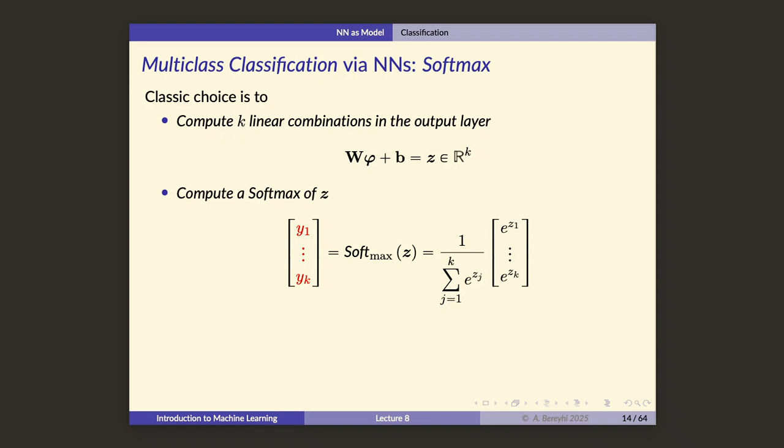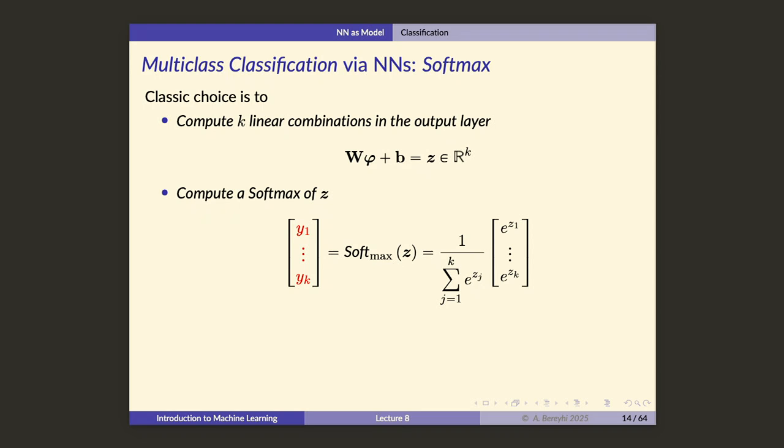Now, what's going to happen if I sum up every single entry inside this vector? What is the first entry? So this is my y vector. What is y1? y1 plus y2 plus up to yk. How does it look? What is y1? Can you tell me? e^z1 divided by that sum, right? Summation of e^zi over i, right?